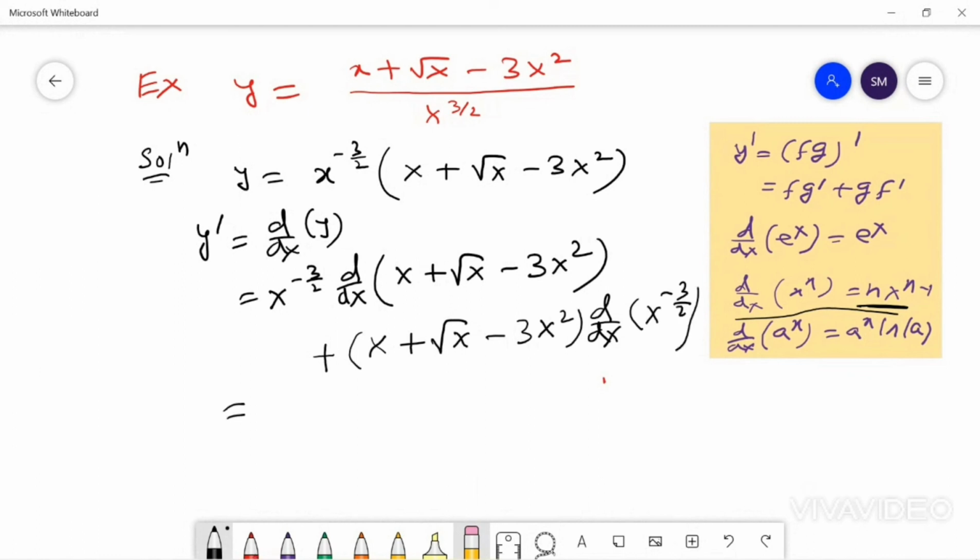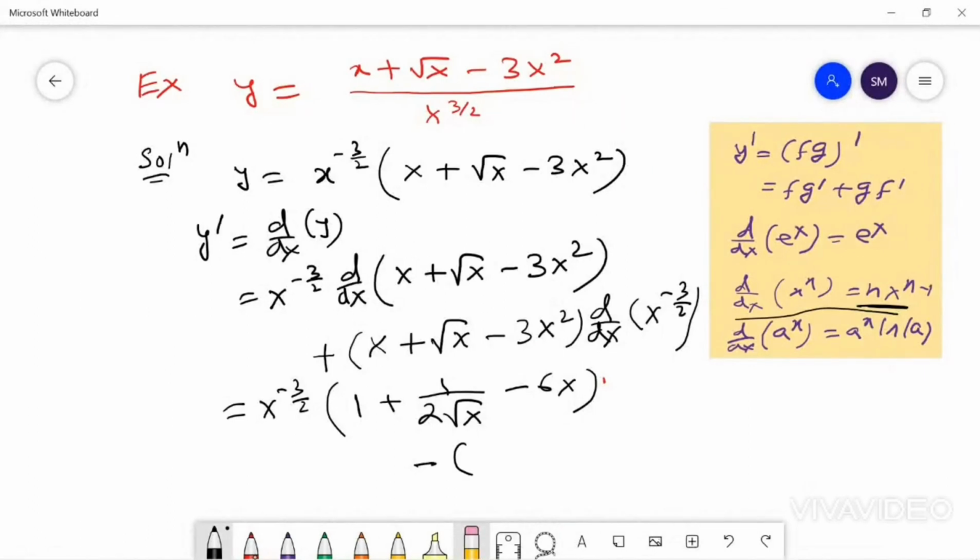Now we will write the derivative step by step and then do the simplification. The derivative of x is 1, the derivative of √x is 1/(2√x), and the derivative of -3x² will be -6x.